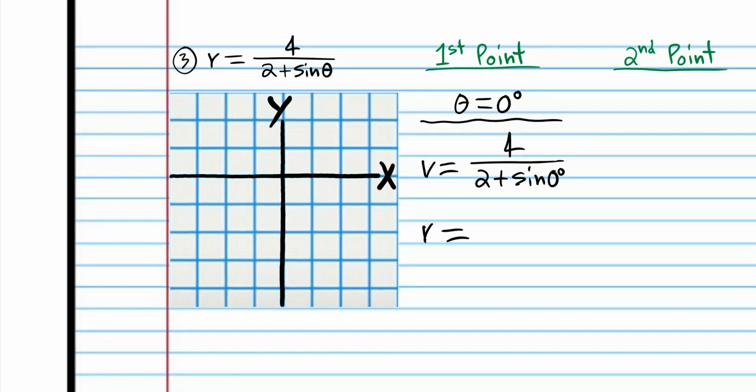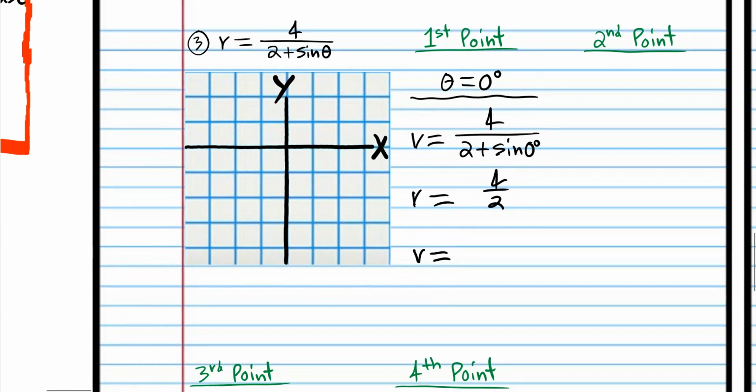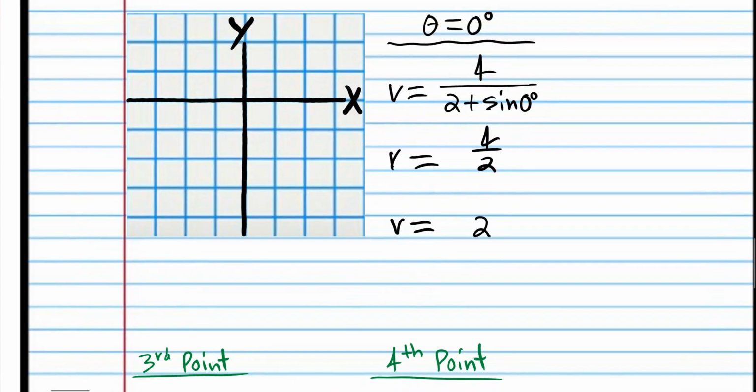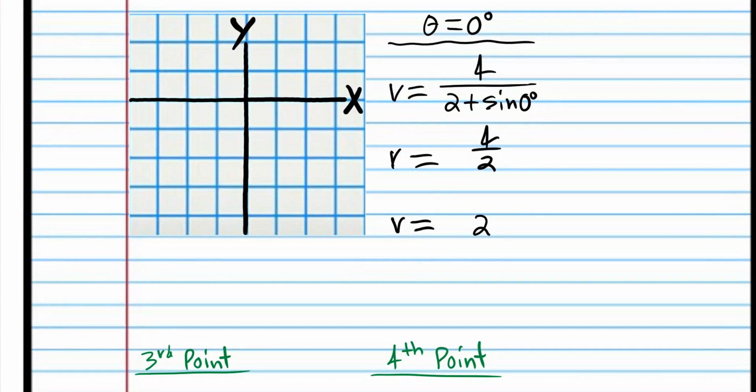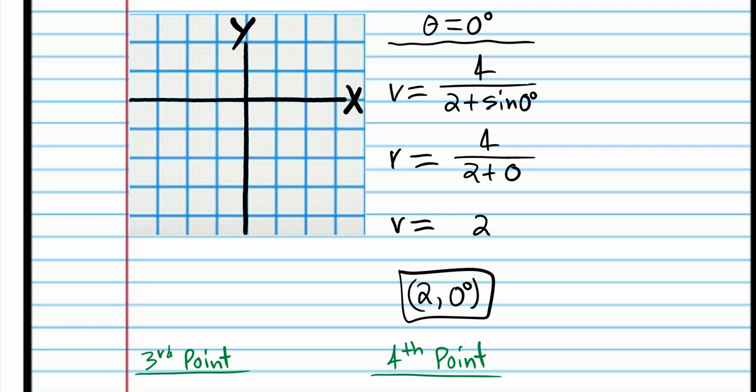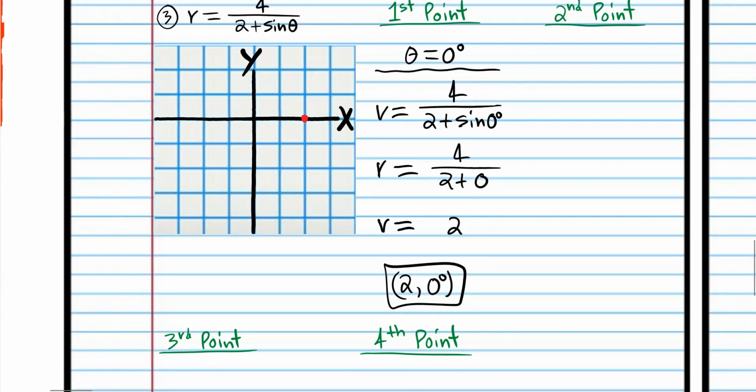And sine 0 degrees is 0 if you look at your sine graph, because it's a collapsed triangle. So r is 2, so the point that we just found is 2 comma 0. So we're going to count out 2 units on the x-axis, and we're not going to rotate at all, so our point is just going to be there.